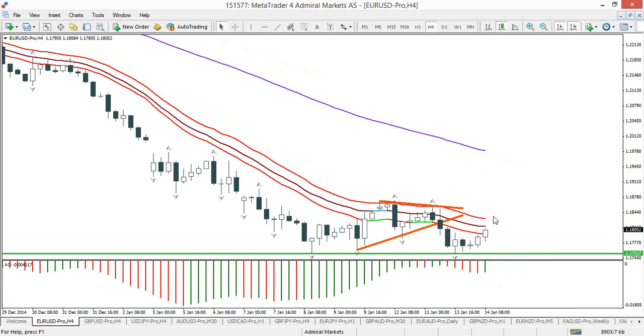Price will probably get through it a bit higher. Moving averages will probably turn slightly green here, slightly bullish like we had here. Here and here.